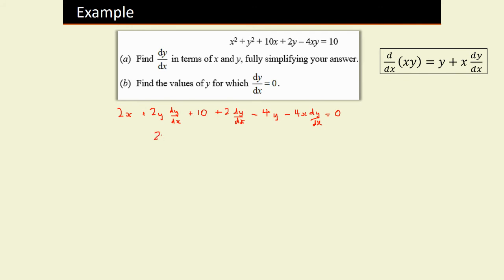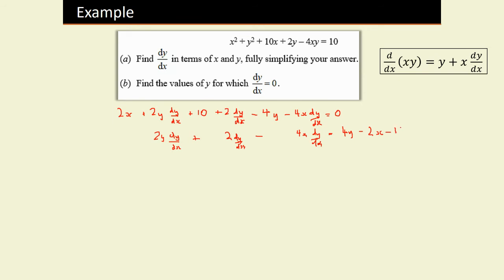So I'll have a 2y dy by dx plus a 2 dy by dx minus a 4x dy by dx is equal to everything else whipped across to the other side. Well, the only bit there that would become positive is the 4y, because it was minus 4y on the other side. So I get 4y minus 2x minus 10.